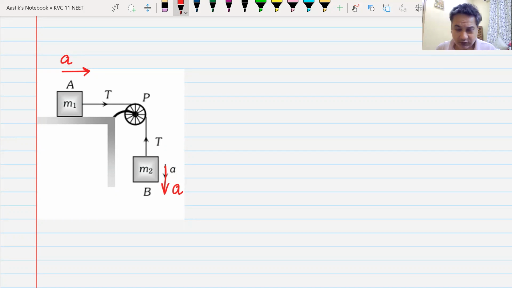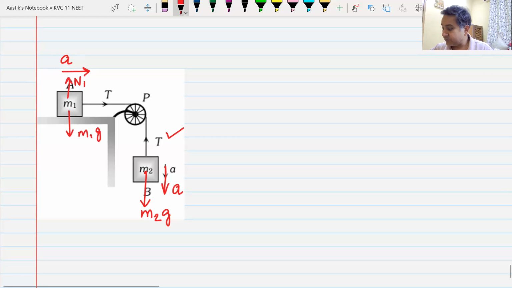The only way that I know that I can do this is I will draw the free body diagram. This is M2g. This is T. It is already drawn here. This is M1g. This is normal reaction N1.